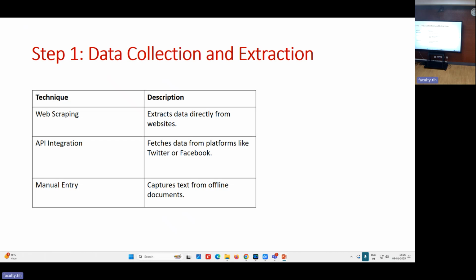Like you can go to the web, and from there whatever relevant documents are there, you can just copy paste that content into your format and collect the data. Or if you need novel data, you can do surveys, or you can take face to face interviews so that you can get the data.